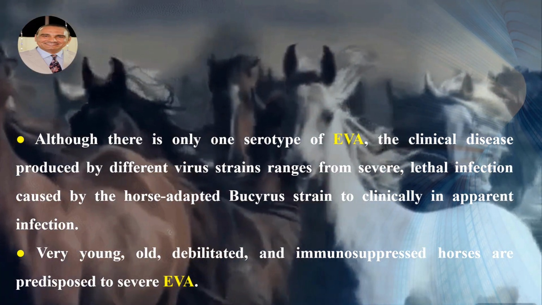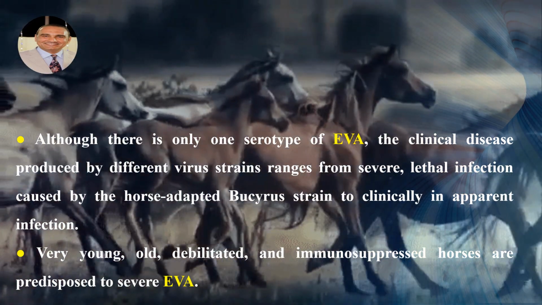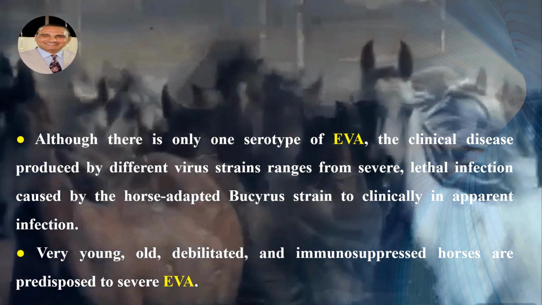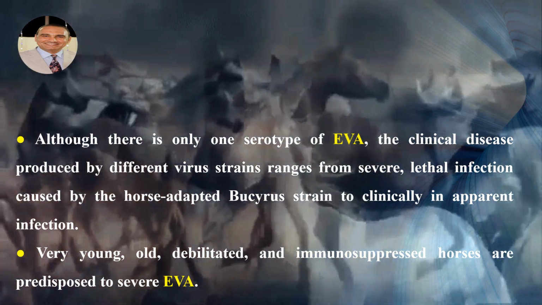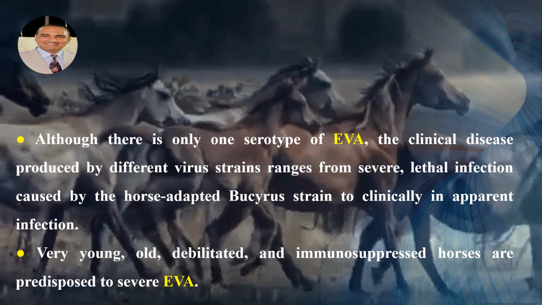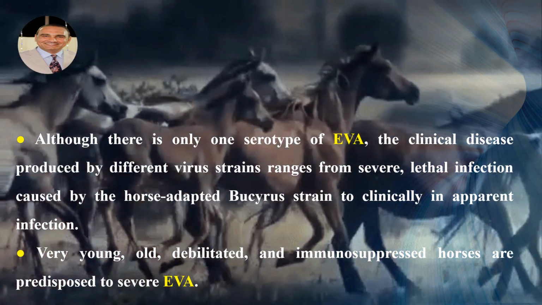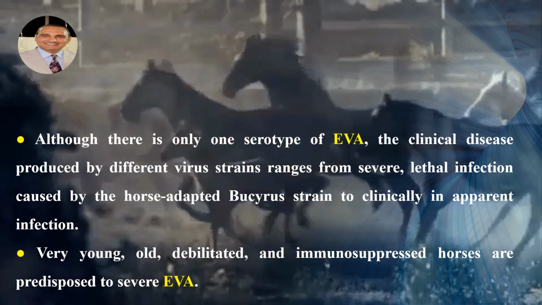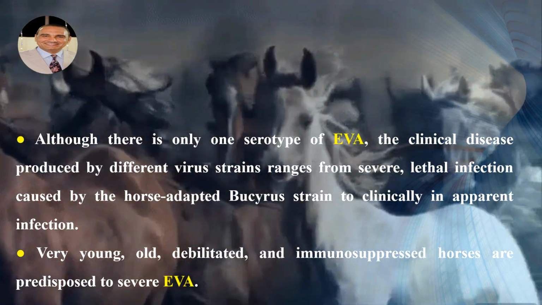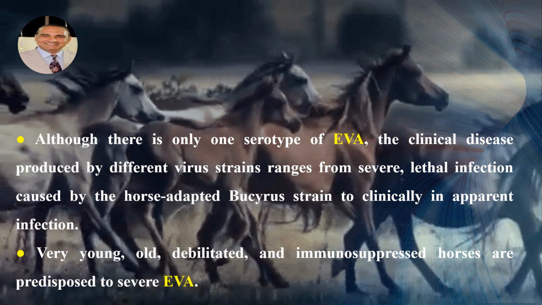Although there is only one serotype of equine viral arteritis, the clinical disease produced by different virus strains ranges from severe lethal infection caused by the horse-adapted Bucyrus strain to clinically inapparent infection.